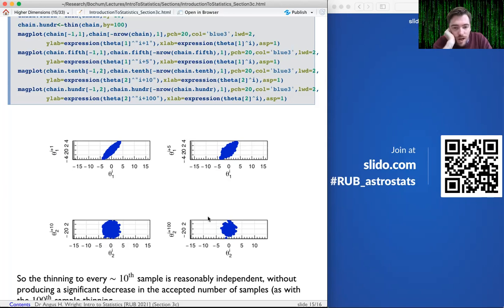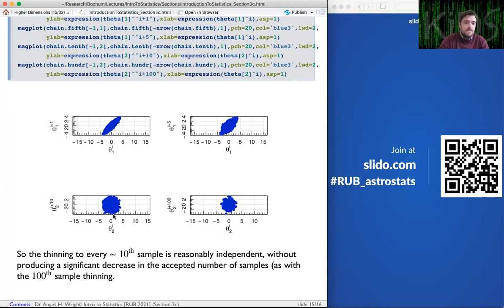I could also go to 100, accepting only every 100th sample, but then I'm starting to require a much longer chain in order to get a requisite number of samples. So I'm not really happy with that, and I'm not going to do that. We can keep only every 10th sample, and that'll give us something that looks pretty sensible.